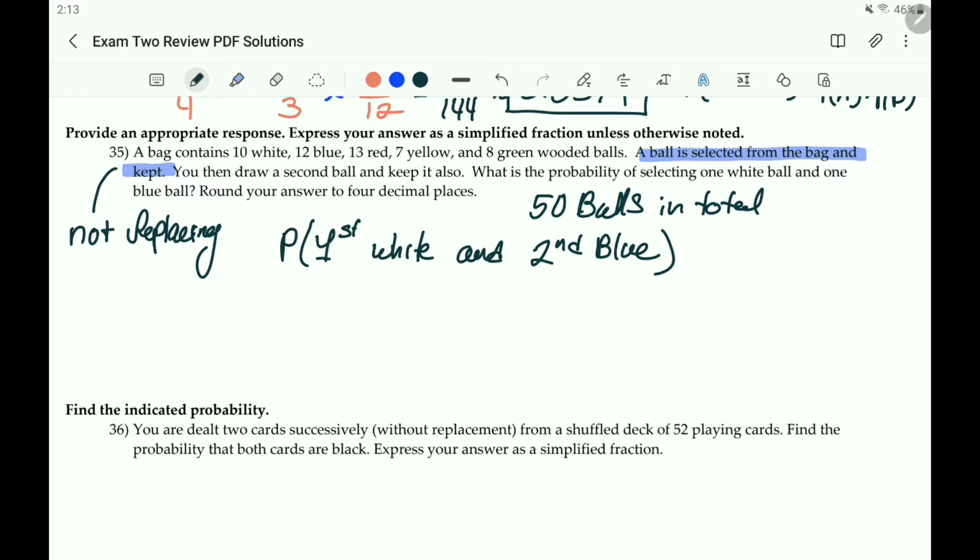There is an order, one after another. However, in this case, you are not replacing. Because you are not replacing the ball, the events are dependent.